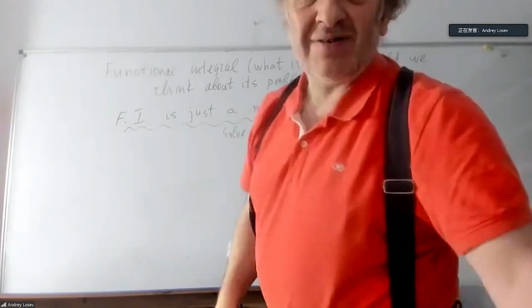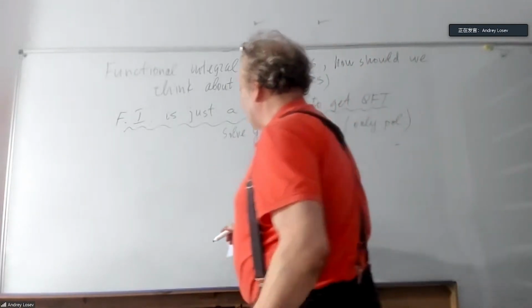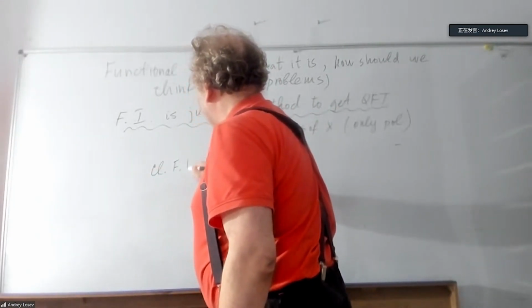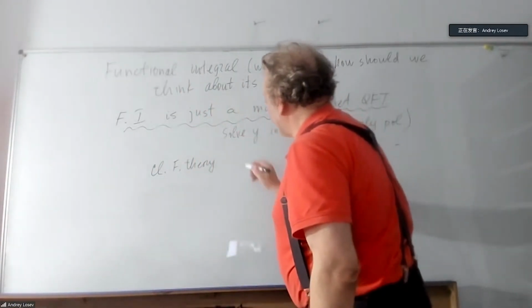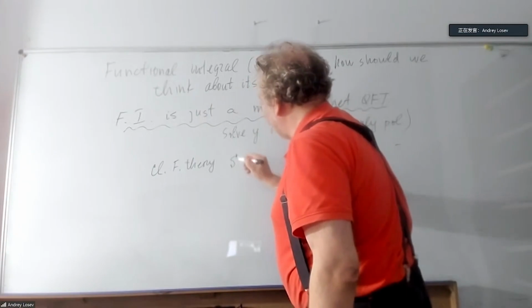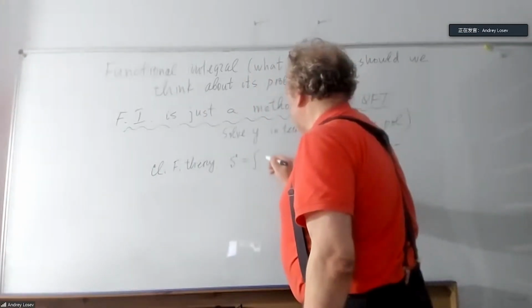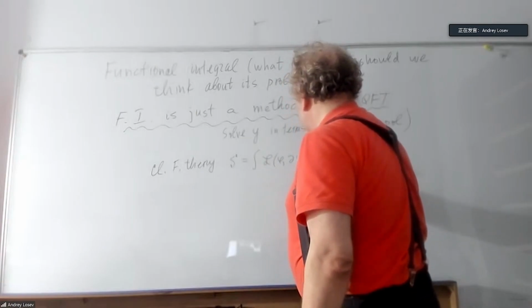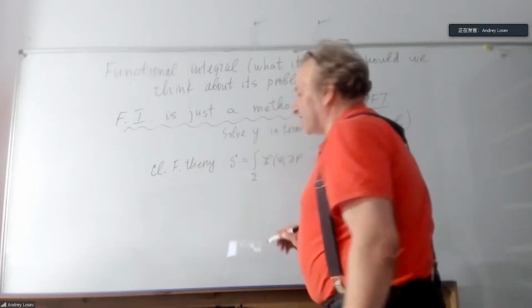So Feynman said the following. If you have classical field theory, and classical field theory means that you have an action that is an integral of the Lagrangian that depends on phi, d phi, etc. And you integrate over sigma.